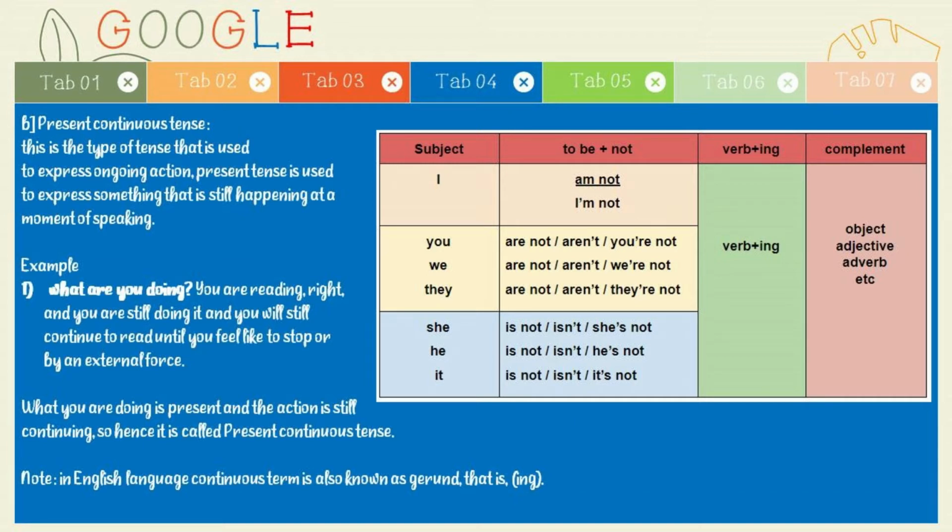What you are doing is present and the action is still continuing. So hence, it is called present continuous tense. Note, in the English language, the continuous form is also known as the gerund, that is, ing. Other words associated with present continuous tense are at the moment, at present, and etc.